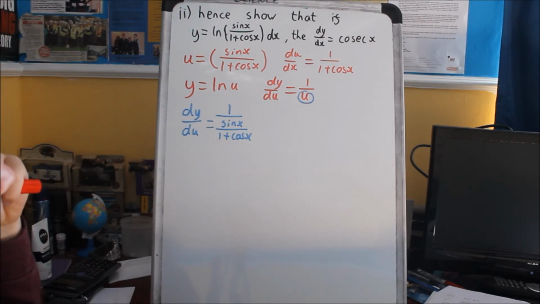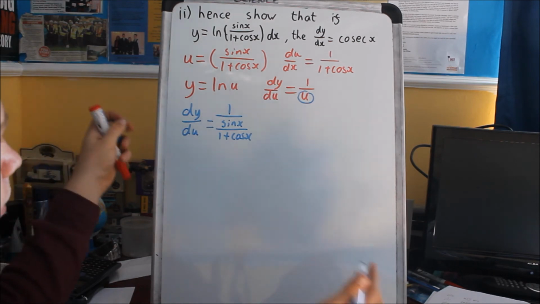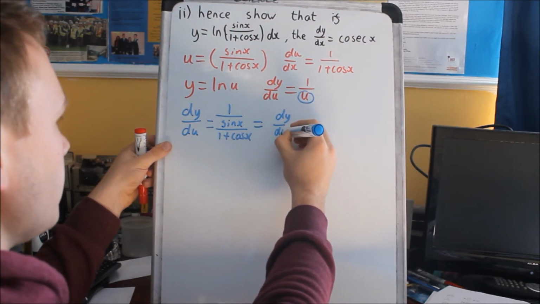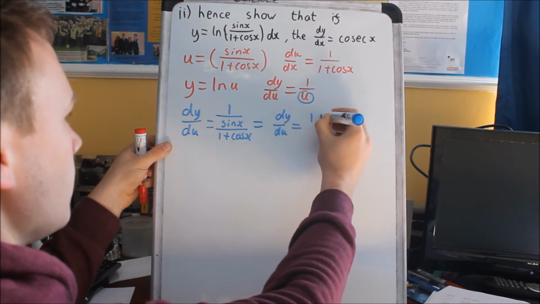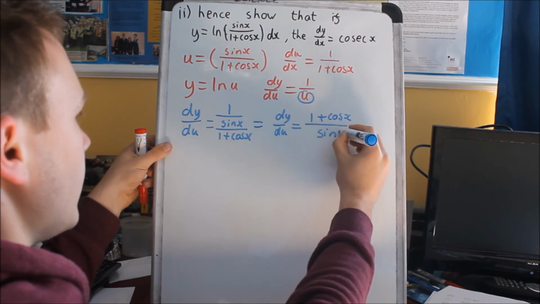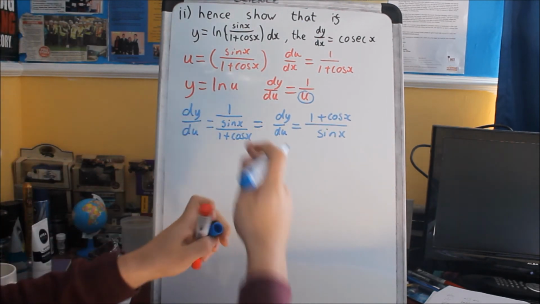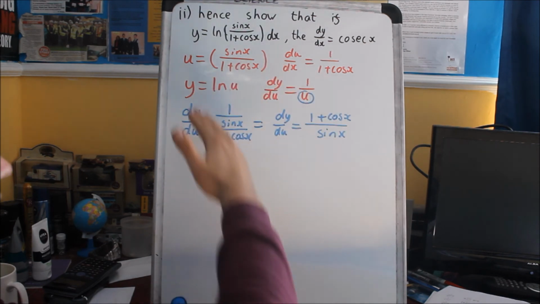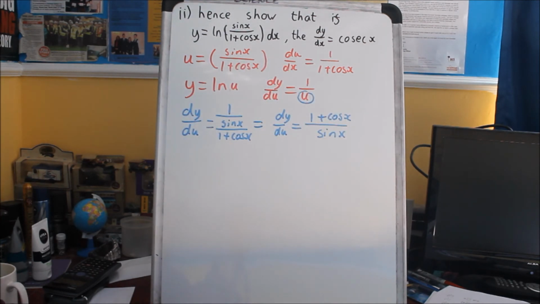So that means dy by du equals 1 plus cos x over sin x. We can just flip that around, because it's the 1 over. So dy by du equals 1 plus cos x over sin x is what we get eventually following these steps.